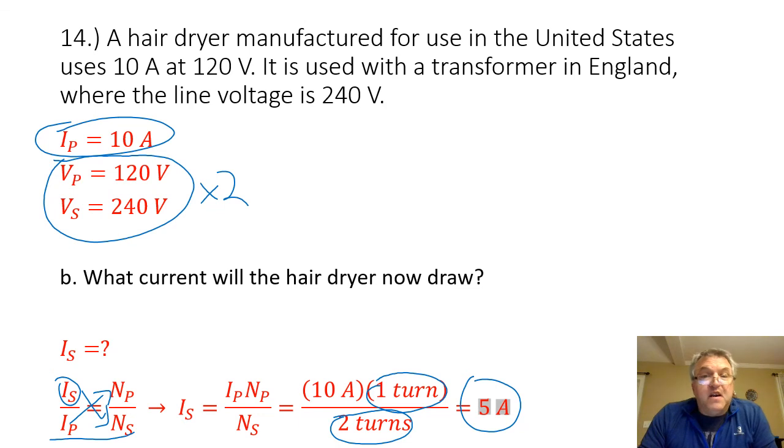I could have 5 turns on the primary and 10 turns on the secondary. I could have 35 turns on the primary, 70 on the secondary. I could have 4,000 turns on the primary coil and 8,000 turns on the secondary coil. Doesn't matter the actual number of turns on the coils, as long as that 2:1 ratio is maintained. It's the ratio that's important.